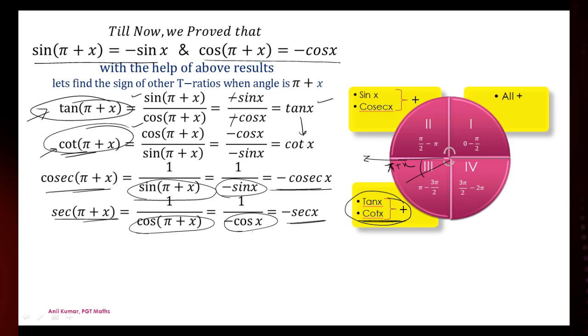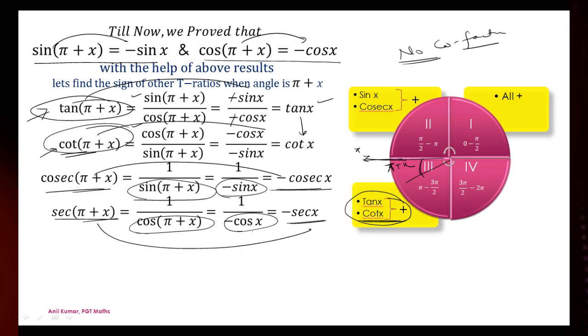See, my angle is pi plus x. So this is pi and this is pi plus x, meaning I am measuring from the x-axis. So it's a straight line, so it will remain unchanged, no cofunction. So sine will remain sine, cos will remain cos, tan will remain tan, cot will remain cot, cosecant remains cosecant, and secant will be secant only.